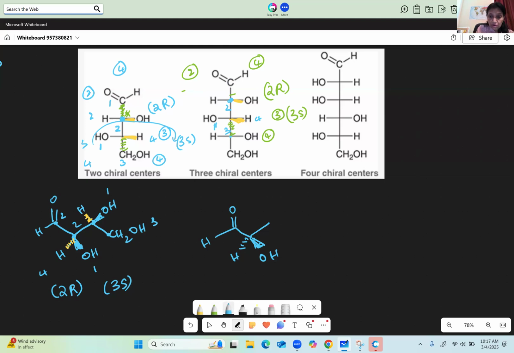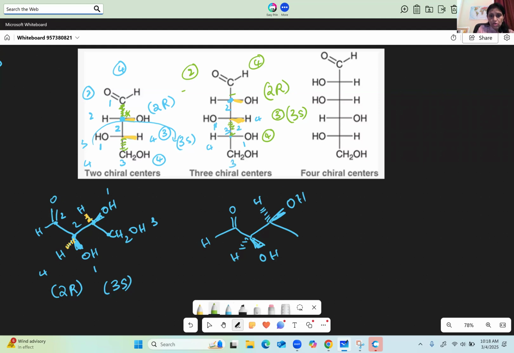So now my third carbon, OH and H. You have to make sure your priorities are correct or your configurations are correct. 1, 2, 3, 4. So that's an S. Now my last carbon here. First priority, fourth priority, second priority, third priority.